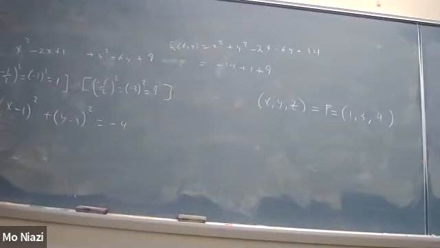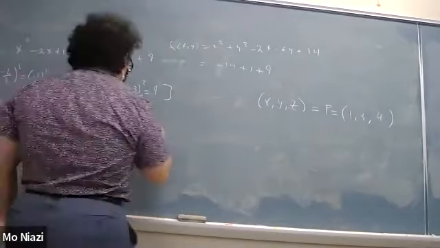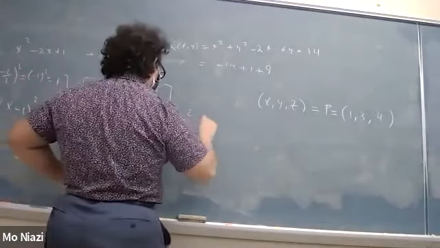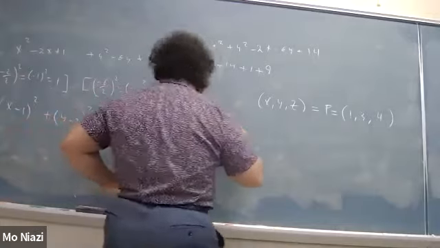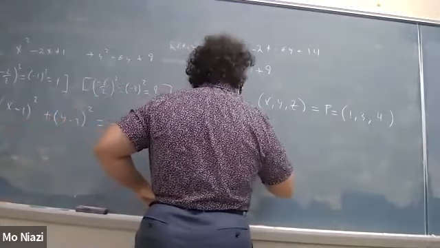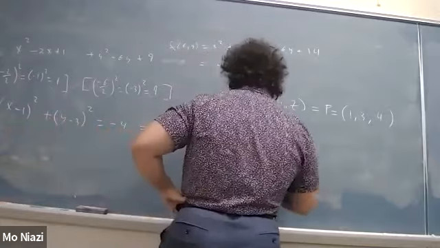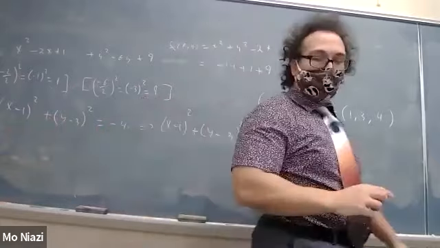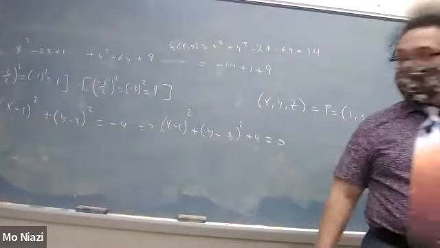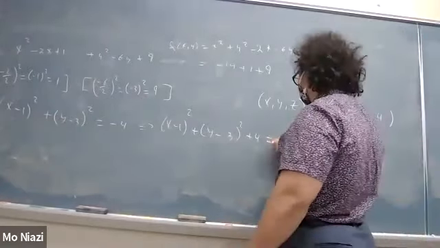So then just resolving, just getting everything set equal to 0. Here's our function. And we could just say that it's equal to f of x, y.